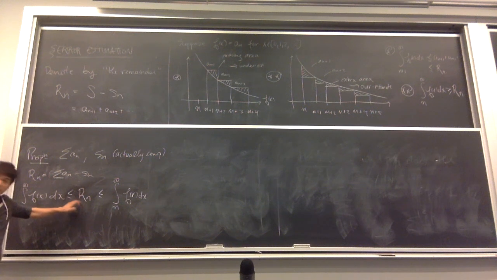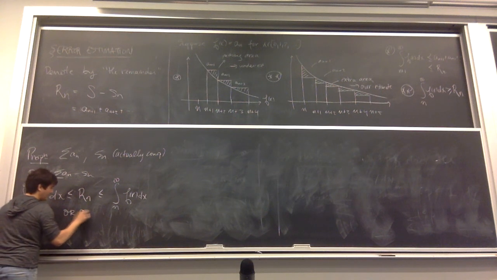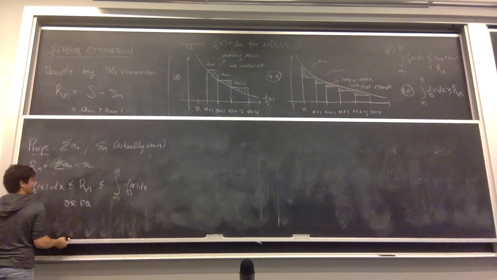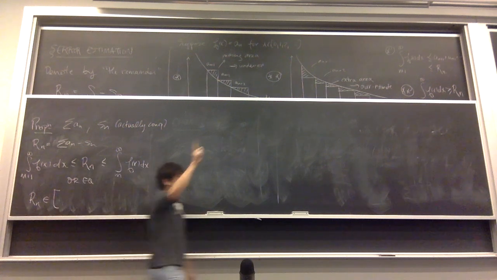This is telling me how much I'm off by, and it's saying you're off by at most this and at least this. All right? I can write this in a different way, which would probably resonate better with us. Or, equivalently, let's write it like this. I could say R n is in this interval. Oh, not R n. It's even better than that.